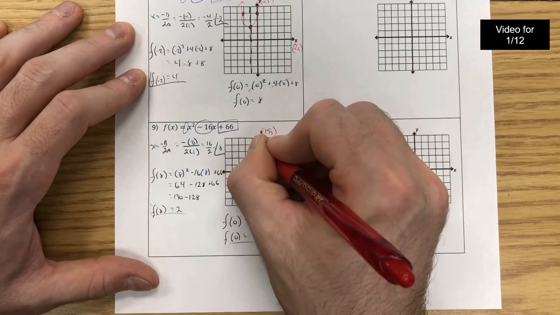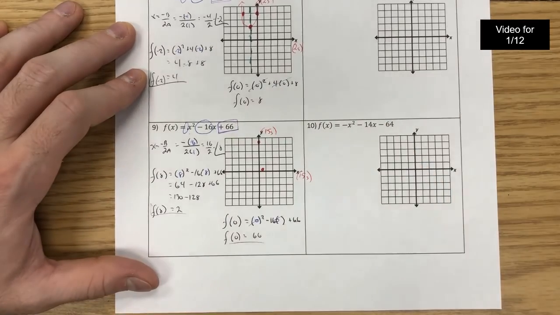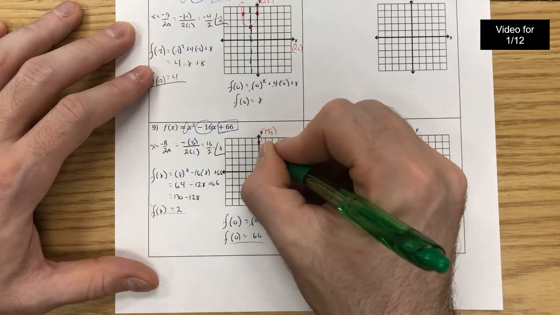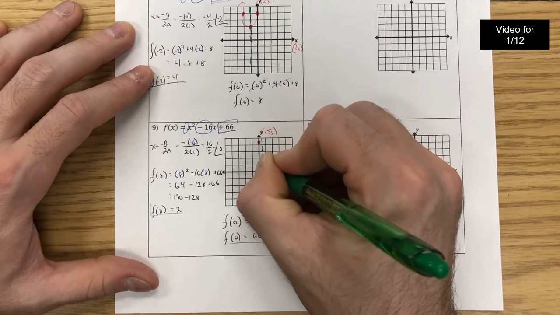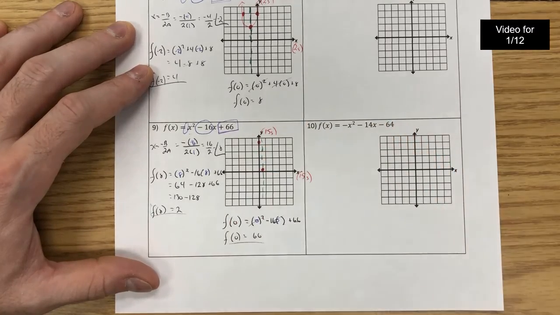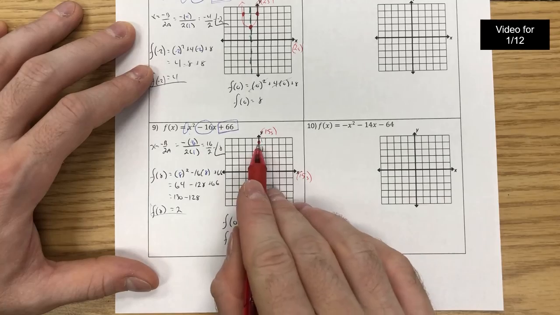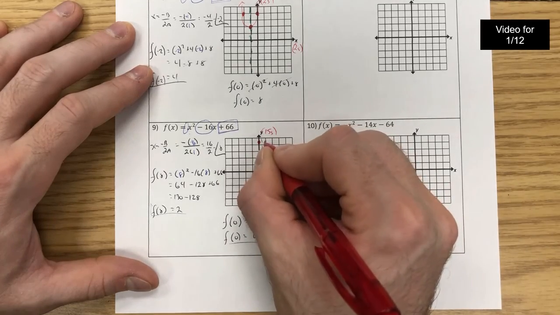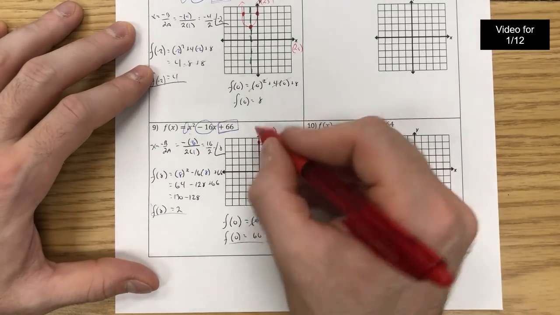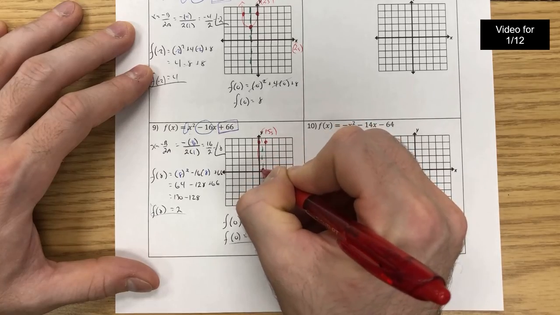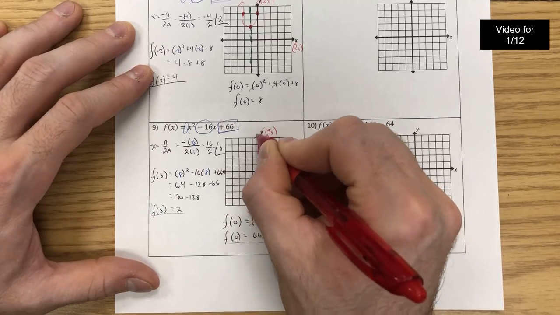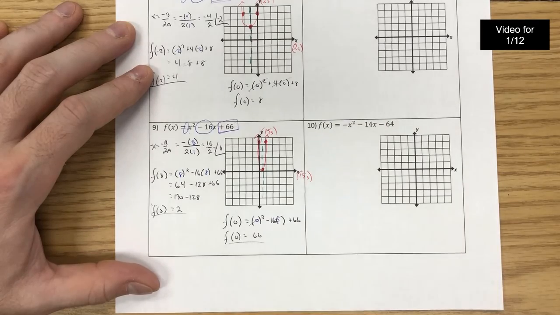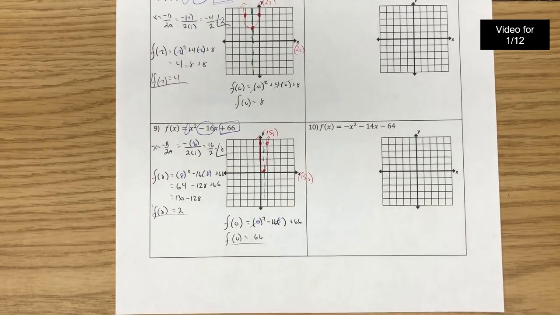It's going to be roughly there. And we know because if we have an axis of symmetry that goes right here, and I have a point on the left, I'm also going to have a point on the right, which is going to make this very narrow and skinny quadratic. And there we go.